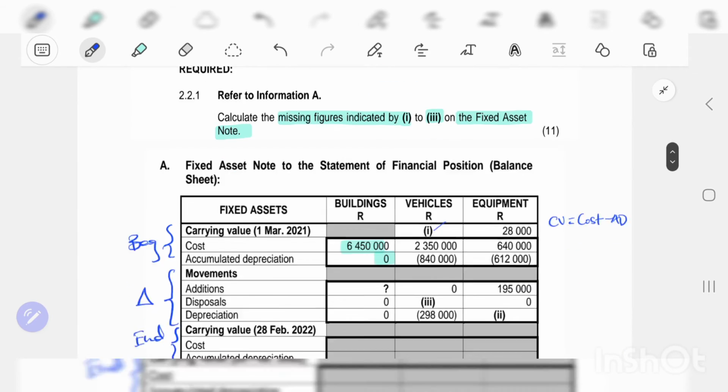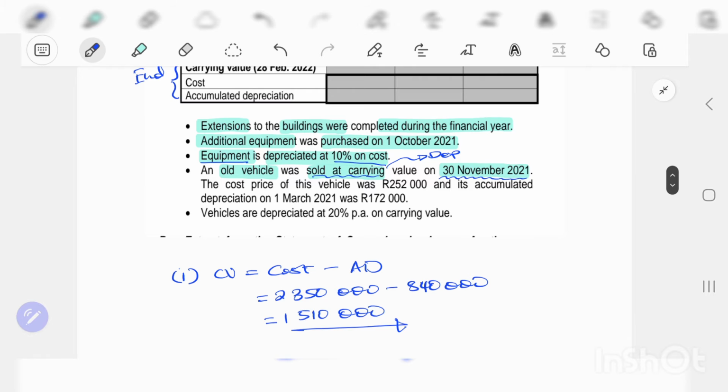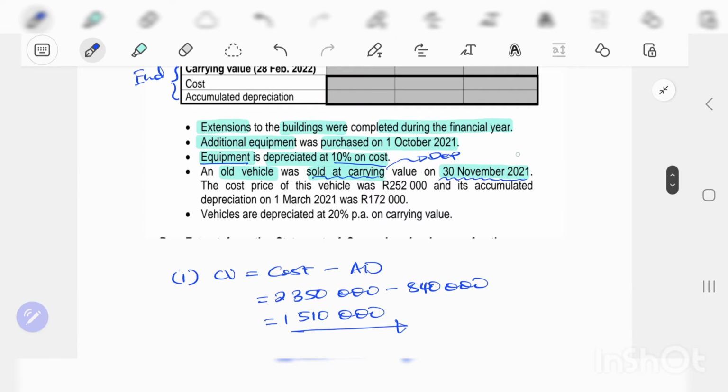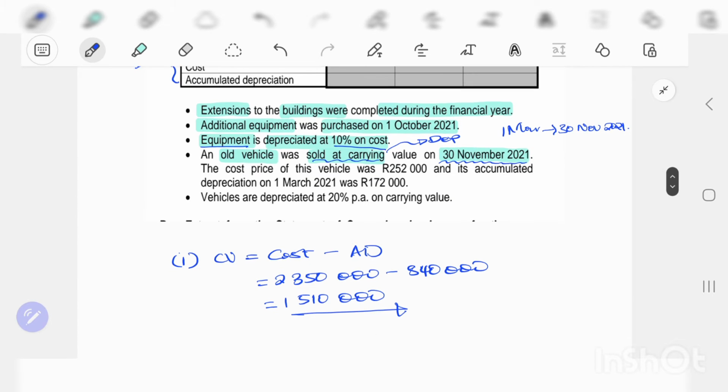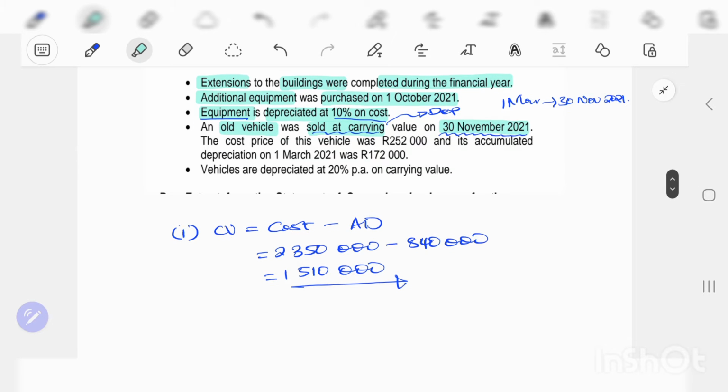You sold the vehicle on 30 November 2021, so in this case we are going to calculate depreciation from 1 March 2021 to 30 November 2021.